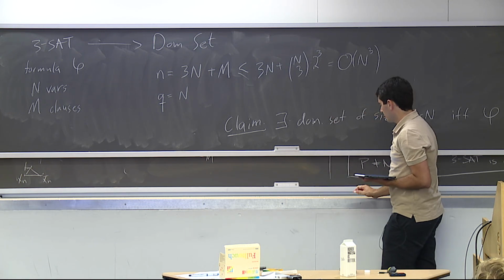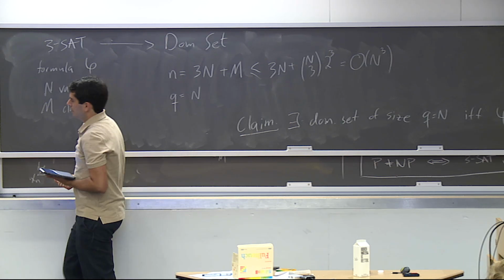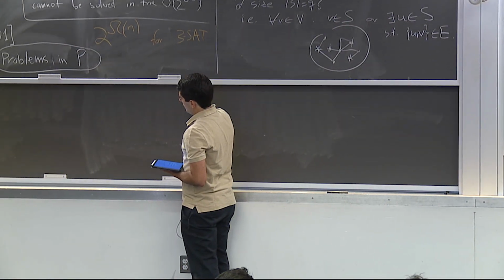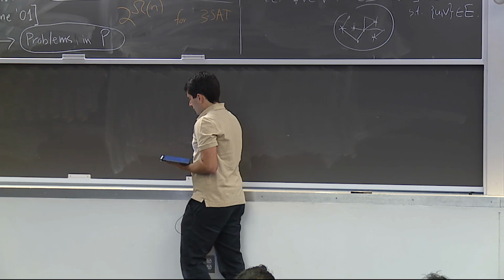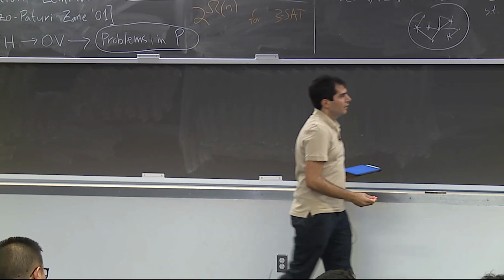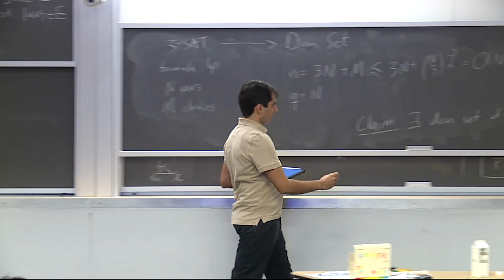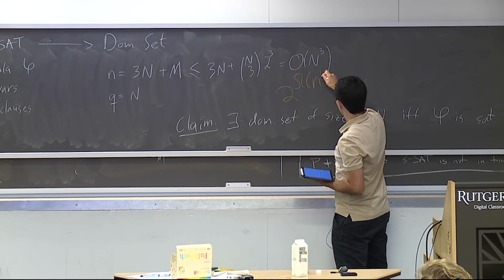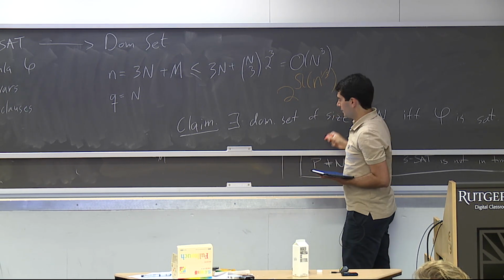And then what this means is that we're going to get this kind of lower bound, 2 to the omega n to the 1/3, for dominating set.